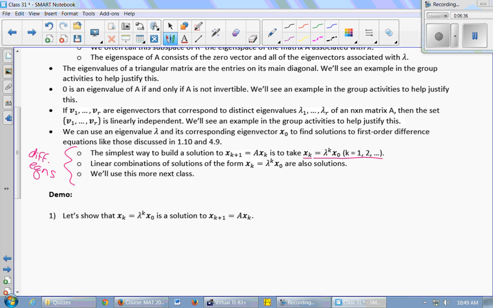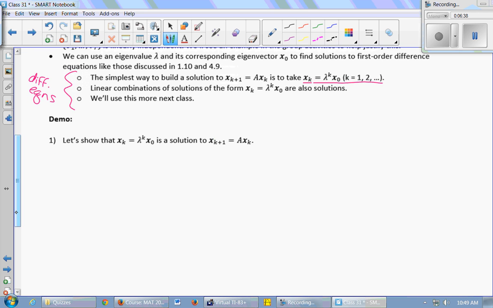Okay, so I just want to do a brief explanation of why this represents an explicit solution to this recursive equation that we have. So if I have A times x sub k, I'm claiming that lambda to the k x naught is a solution to the equation A x sub k equals x sub k plus 1.